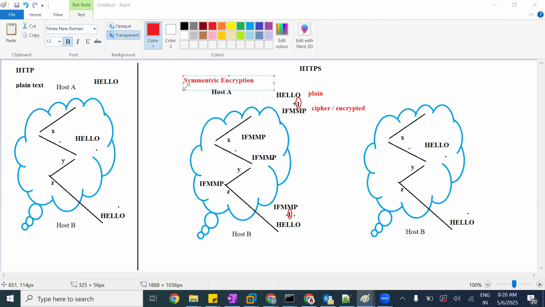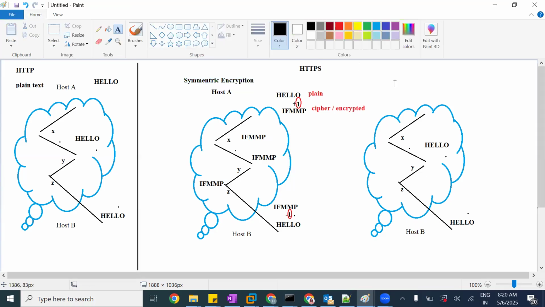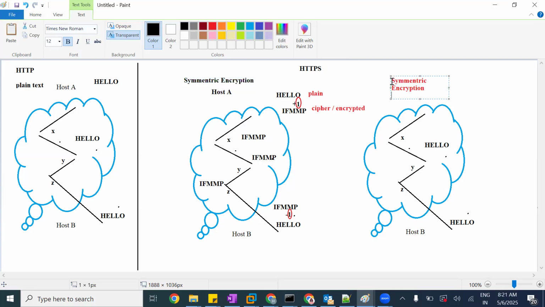Whereas in asymmetric encryption, there are two types of encryptions, symmetric and asymmetric. In the asymmetric encryption process, we use two keys. You have to remember those two keys. Those are the public key and the private key.